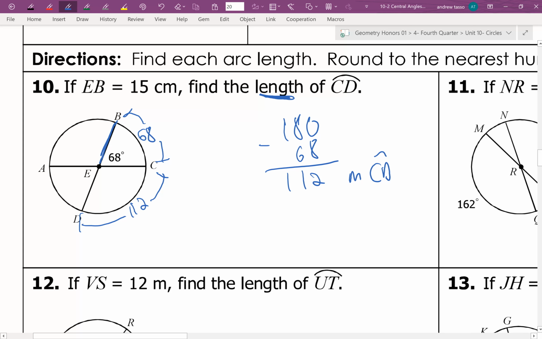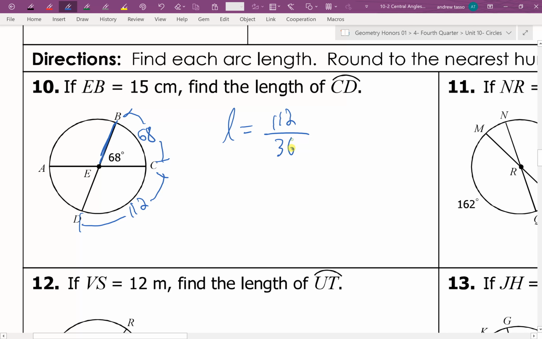So to get the arc length, what do we have to do? We have to do more work than just this. Our next step would be to bring out the arc length formula. The arc length formula is the number of degrees that we're going, so in this case 112 out of 360, and we times that by the circumference, in other words 2 pi r. We know that r in this case is 15, so 2 times 15 is 30.